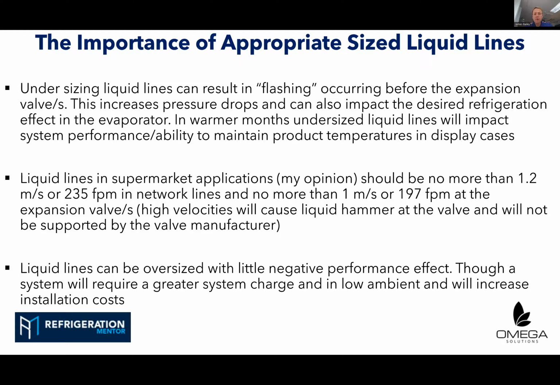So liquid lines in supermarket applications, in my opinion, I'm not saying I'm right, this is just from my experience, should be no more than 1.2 meters per second or 235 feet per minute in network lines. Those are any lines that aren't actually connected to the fixture, so the interconnecting network in between. And then no more than 1 meter per second or 197 feet per minute at the expansion valves. To reiterate again, high velocities will cause liquid hammer at the valve and will not be supported by the valve manufacturer.